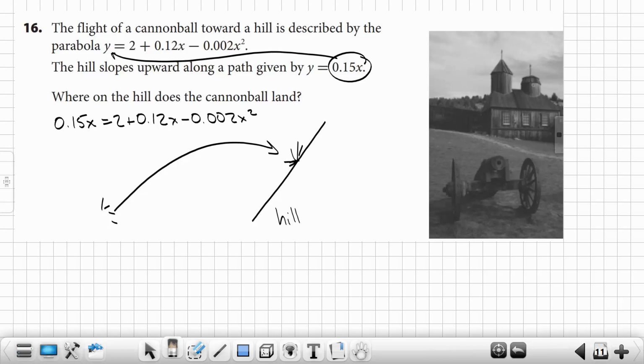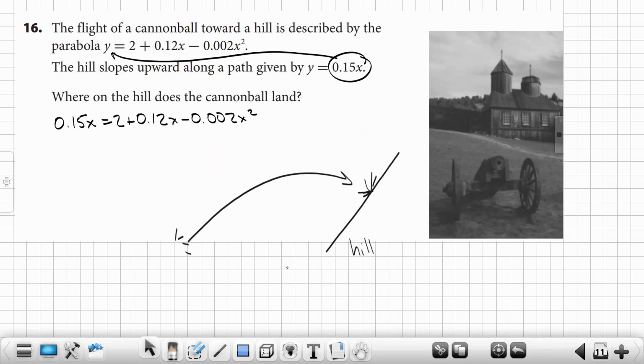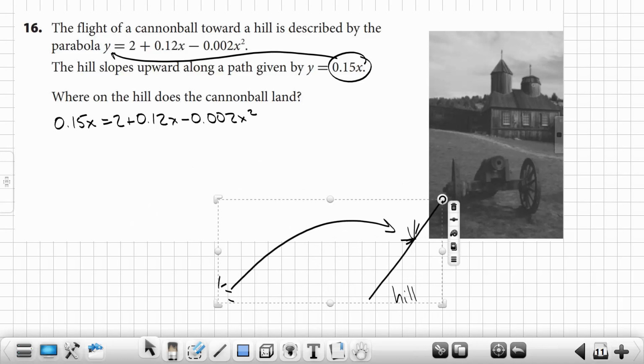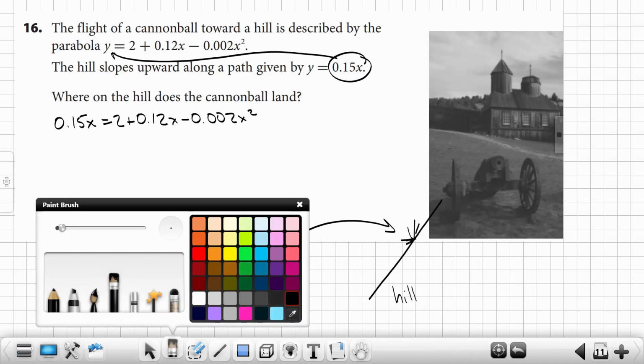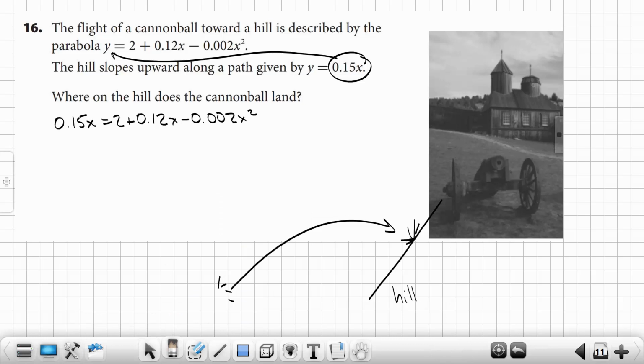So let's go ahead, though. I don't want to give up. And we're going to multiply everything by 1,000, so we can move those decimals 3 over.